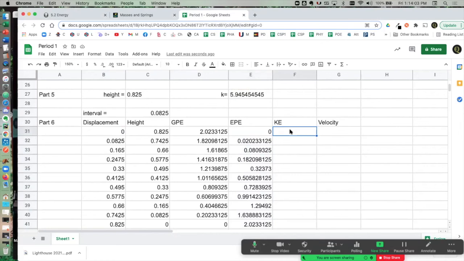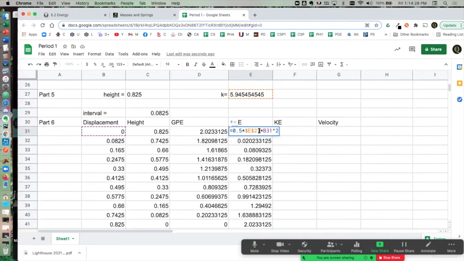Okay, how are we gonna find the kinetic energy? Okay, 0.5 times the K value, but you got a dollar sign, the letter and then number. Okay? Got it? Times, you got the whole thing?